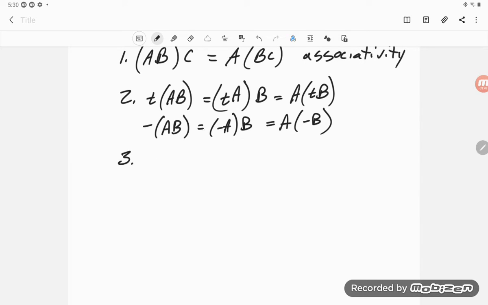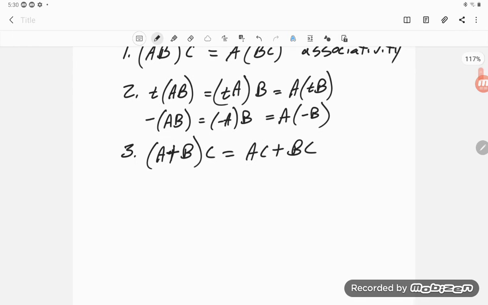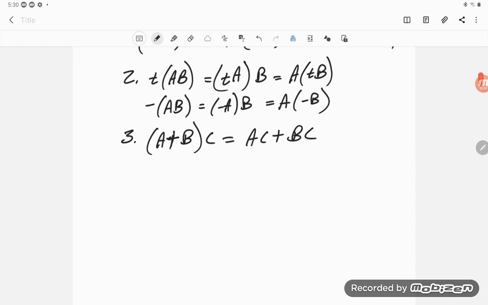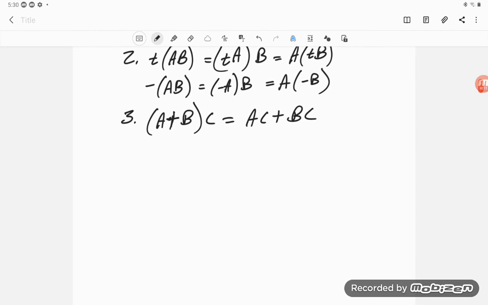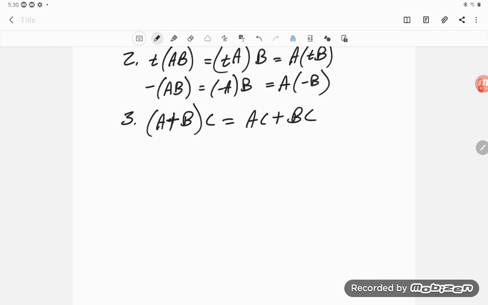Distributive property, that we're used to with addition and multiplication. So if I have that, I could just do it as AC plus BC. Now, again, notice everything goes in the same order. Of course, as we do this, all these things have to be defined.